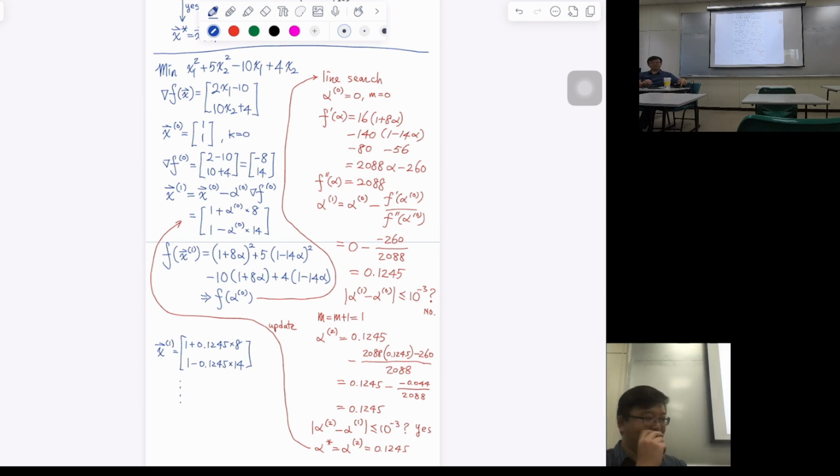Okay? So let me remind you what happened in the last time, today, and next time. Newton's method, very powerful, but requires second order derivative. It's accurate, but could be costly. When you have a problem with a lot of variables, the Hessian matrix is computationally costly.